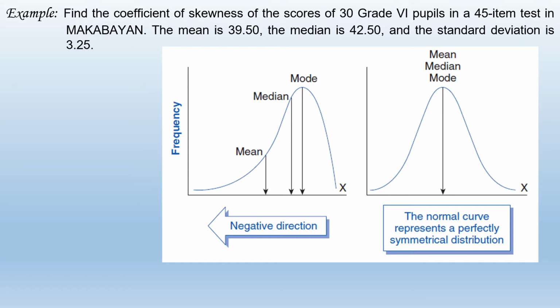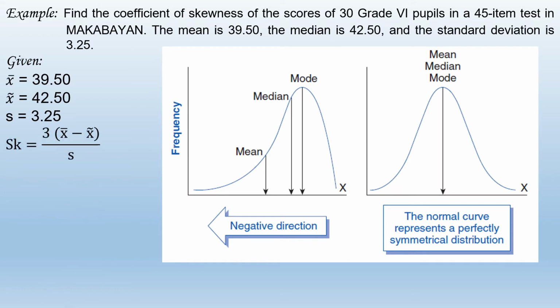Okay, so that is our problem, everybody. Try to look at our representation here, our figure. We already know what the result will be. We have to emphasize the given, and then we will use the formula for the coefficient of skewness.